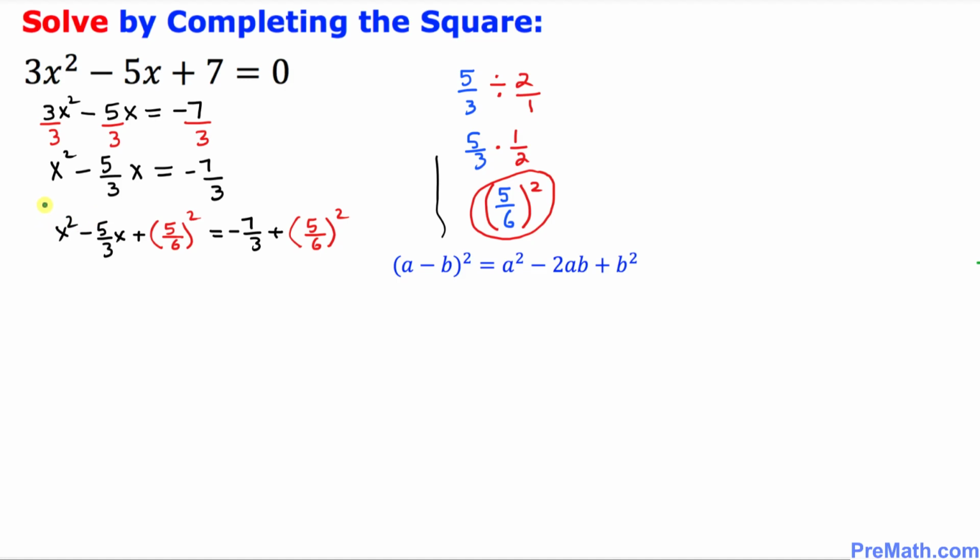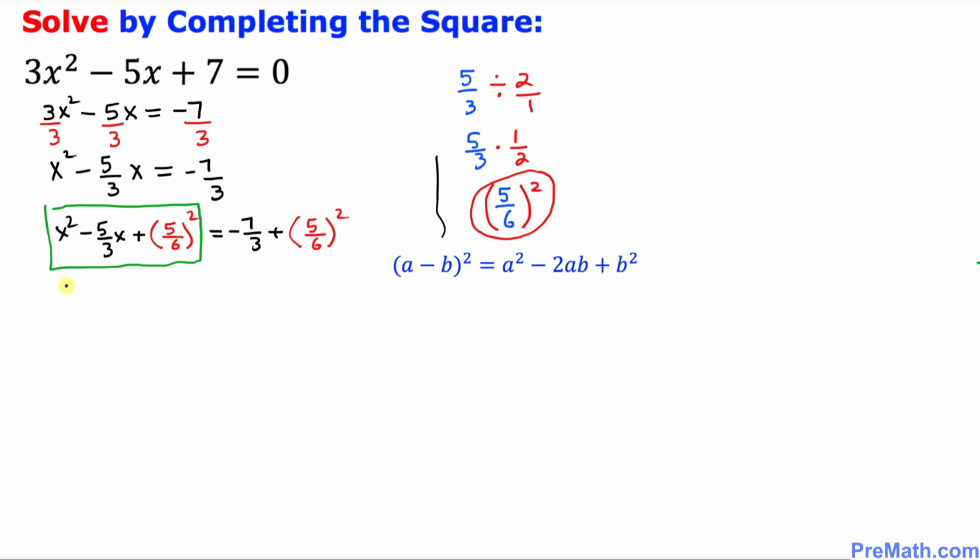Now we can see that on the left hand side, this part represents a perfect square, and we can use the fact that a minus b squared equals a squared minus 2ab plus b squared.